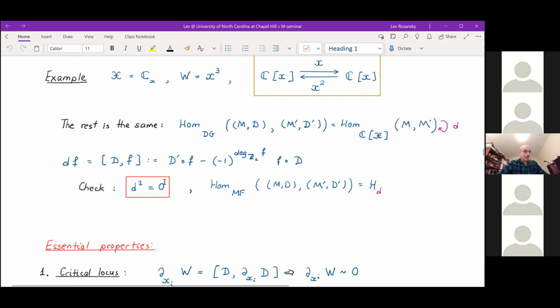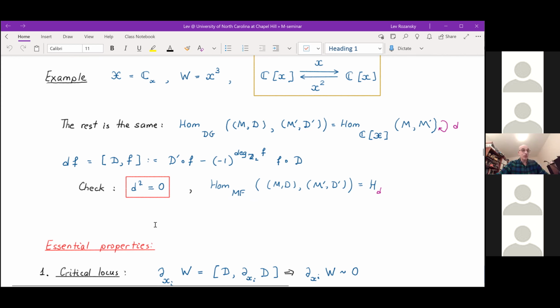So the key thing is that the usual definition of a morphism between two chain complexes is you take Hom, which commutes with the differential, up to homotopy. This is the same as saying that you take all the Homs between chain modules, and there you have a differential, which is a commutator with the differential in the complexes.